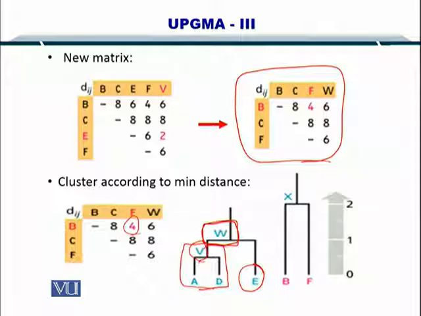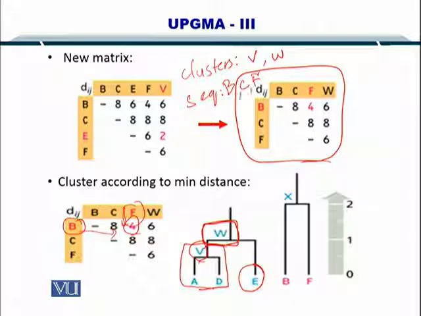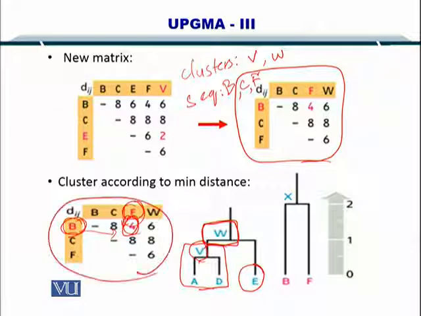And this is between B and F. Now B and F are both sequences and not clusters. So clusters are V and W, while the sequences that are still with us include B, C and F. So now the distance between B and F is 4, the shortest distance that is there in this entire matrix.